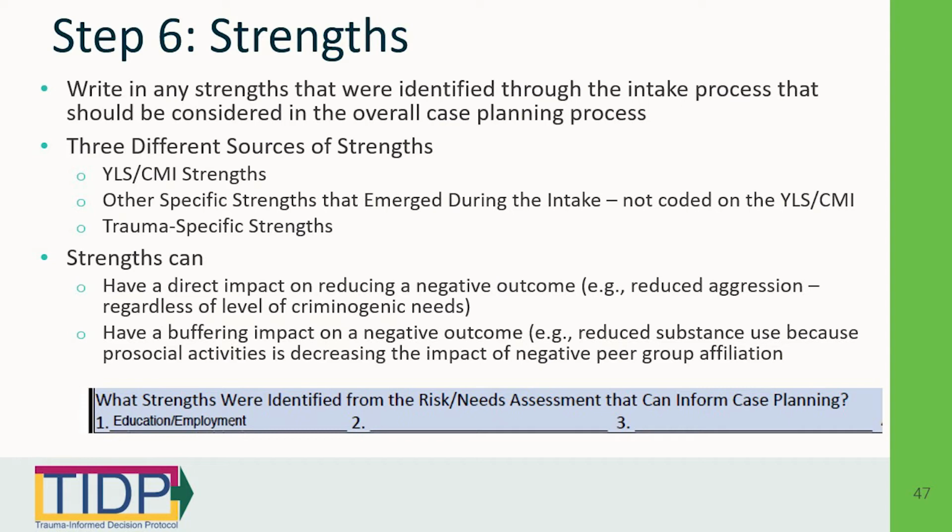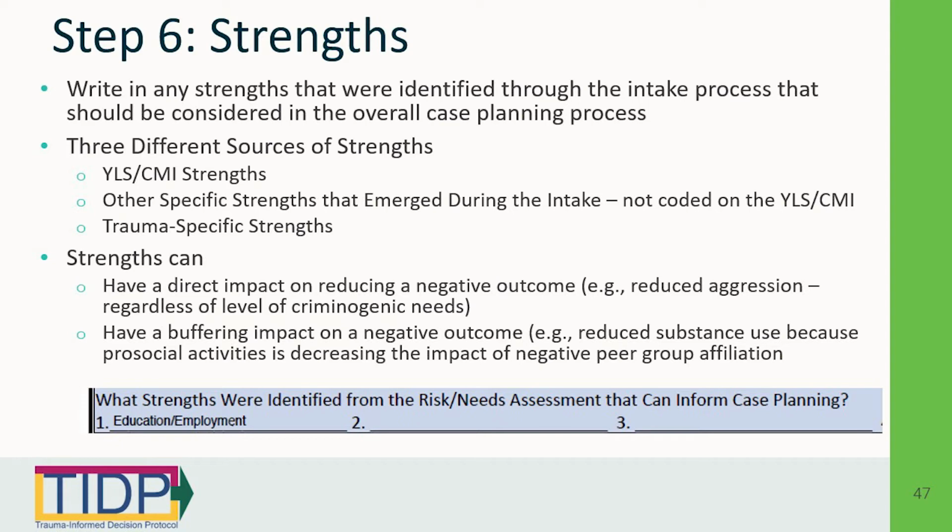The second is other specific strengths that might have emerged through the intake process that aren't counted as strengths on the YLS/CMI. Or you're going to identify potentially some areas of positive coping or resiliency that we are going to call trauma-specific strengths as well.